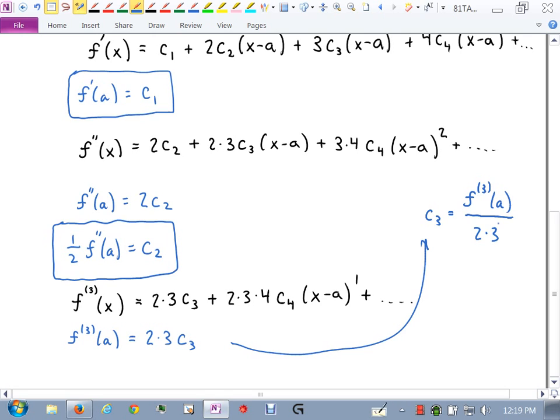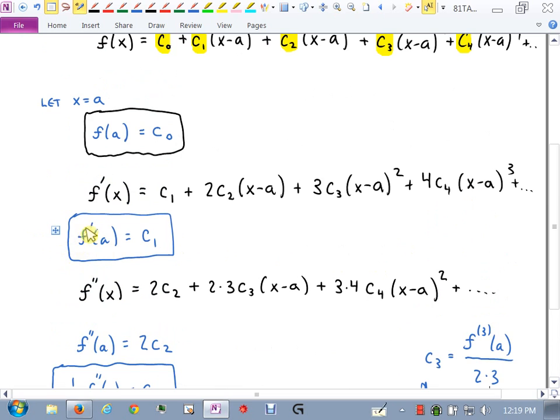But 2 times 3 times 4 is what? 4 factorial, right? And this right here is 3 factorial, right? I'm not putting the 1, but isn't it 3 factorial? And then back here at the second derivative, 1 over 2, that's 2 factorial, right? And the first derivative was what?